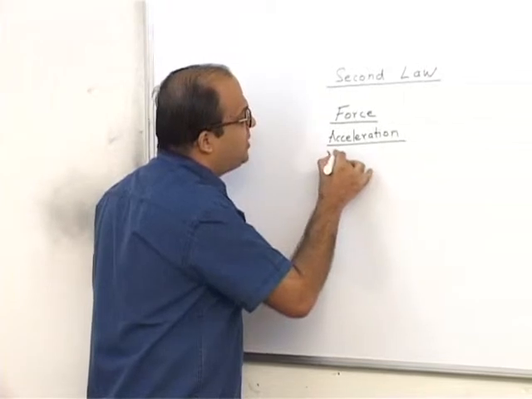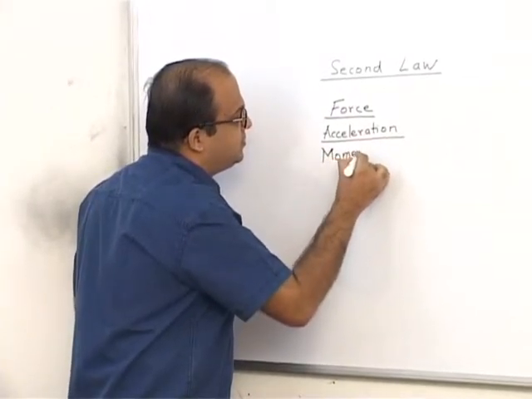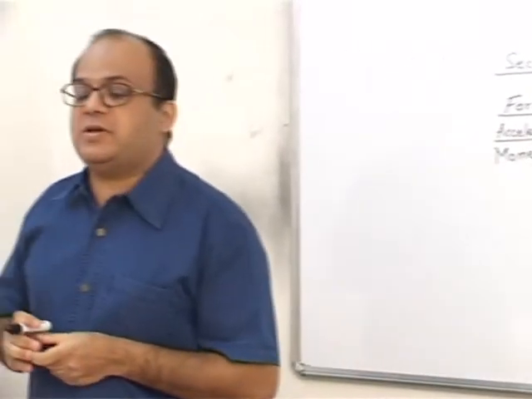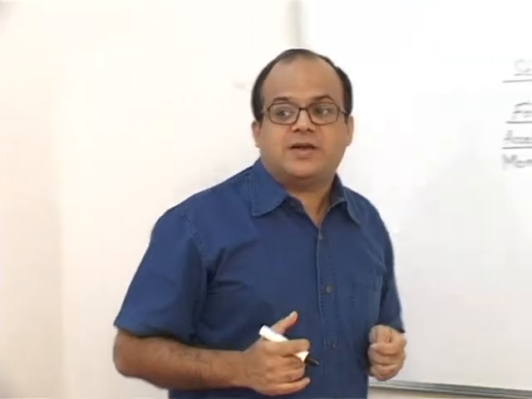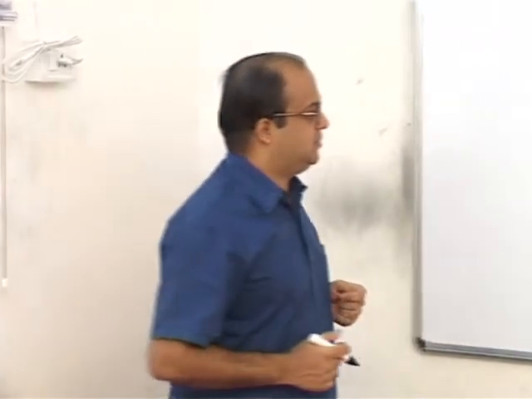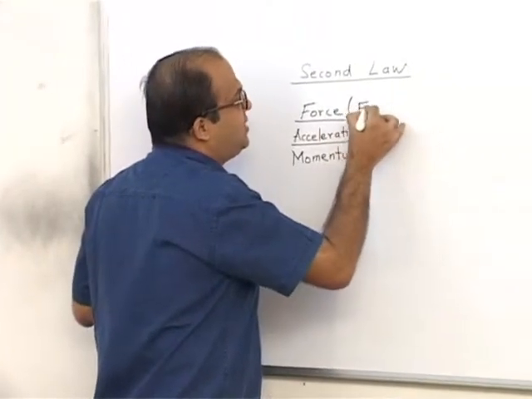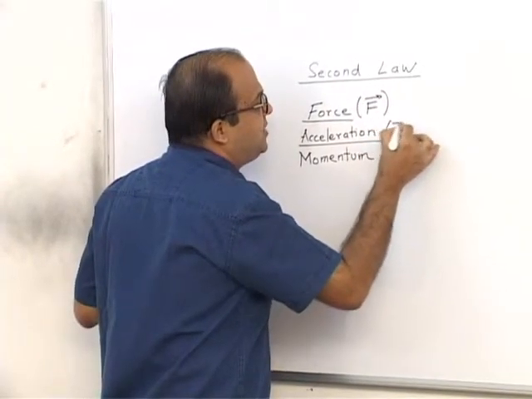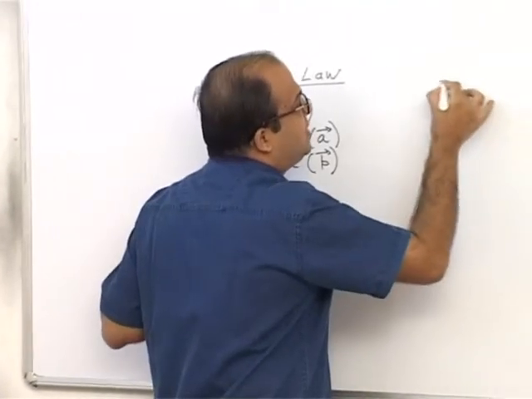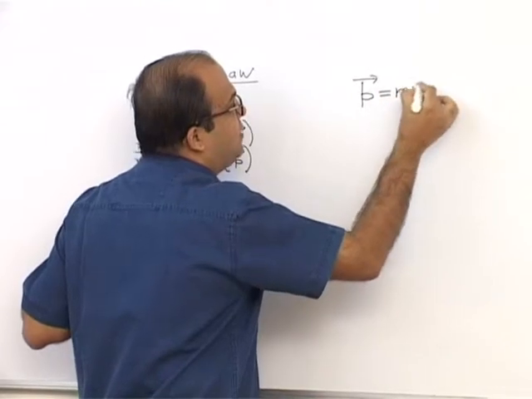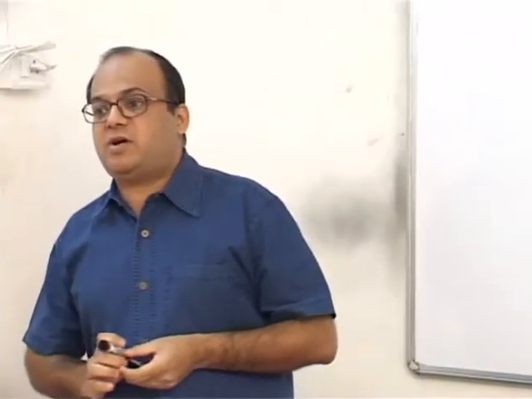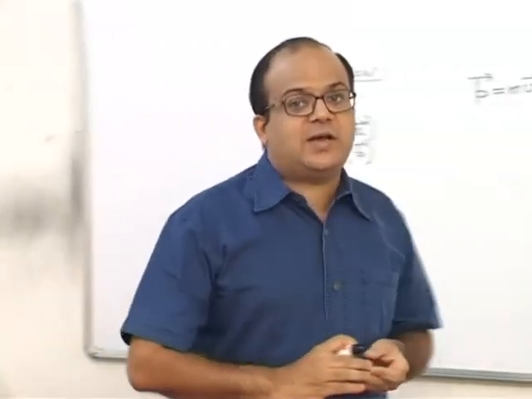Next important thing is momentum. Momentum is a measure of the quantity of motion contained in a body. It is given by the product of mass and velocity. Force is F vector, acceleration is a vector, and momentum is p vector. p vector is equal to m into v vector. So momentum is equal to mass into velocity.